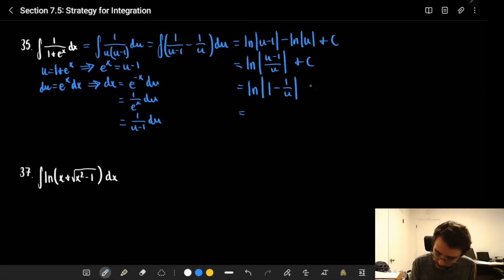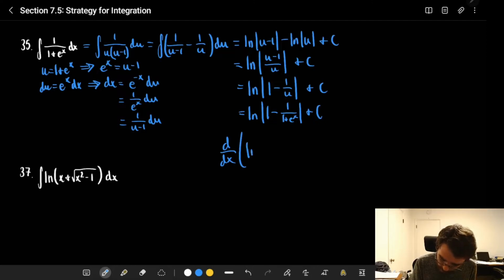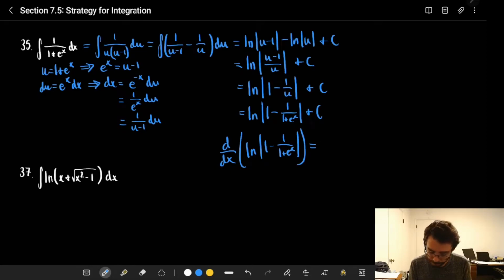Plug back in for u, don't forget your constant. 1 minus 1 over, what was u? U is 1 plus e to the x. So weird, worth checking. Let's forget about the absolute values. C doesn't matter, of course. 1 over 1 minus 1 over 1 plus e to the x times the derivative of that mess.